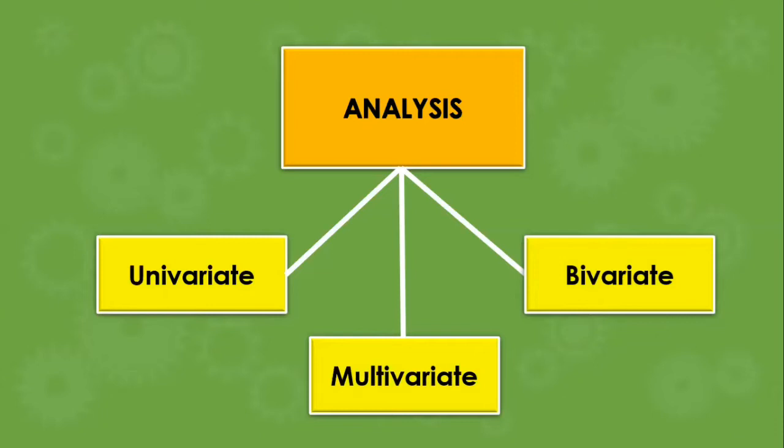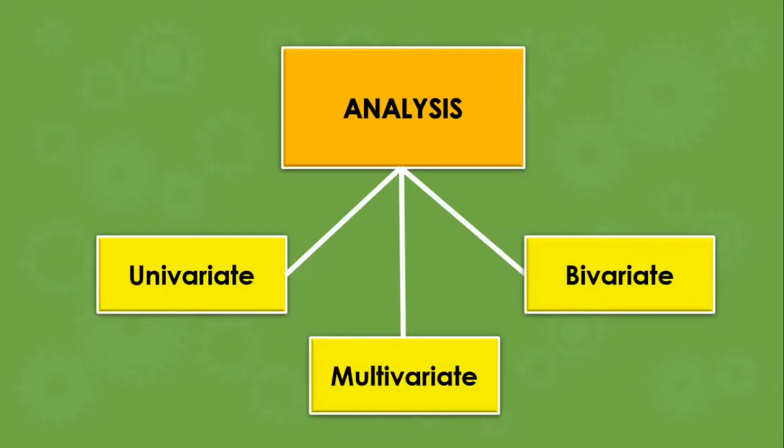Uni means one, so in other words, your data has only one variable. Most importantly, univariate analysis doesn't deal with causes or relationships, and its major purpose is only to describe.